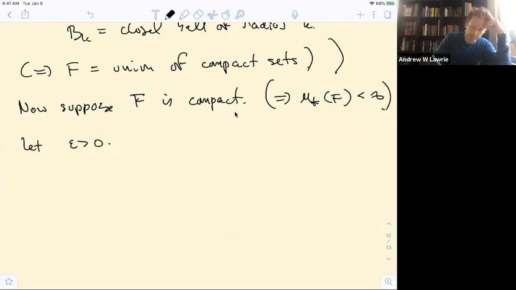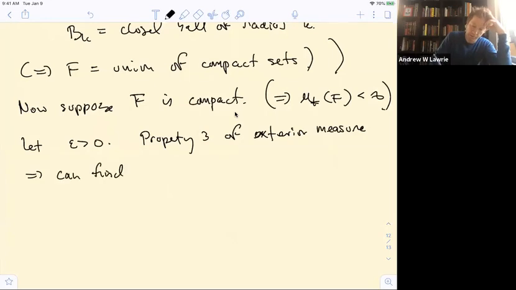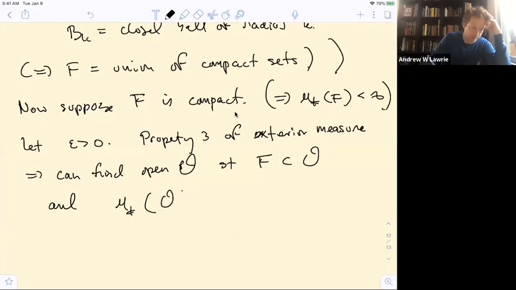Property 3 of exterior measure means we can find an open set O such that F sits inside of O, and mu star of O is less than or equal to mu star of F plus epsilon.